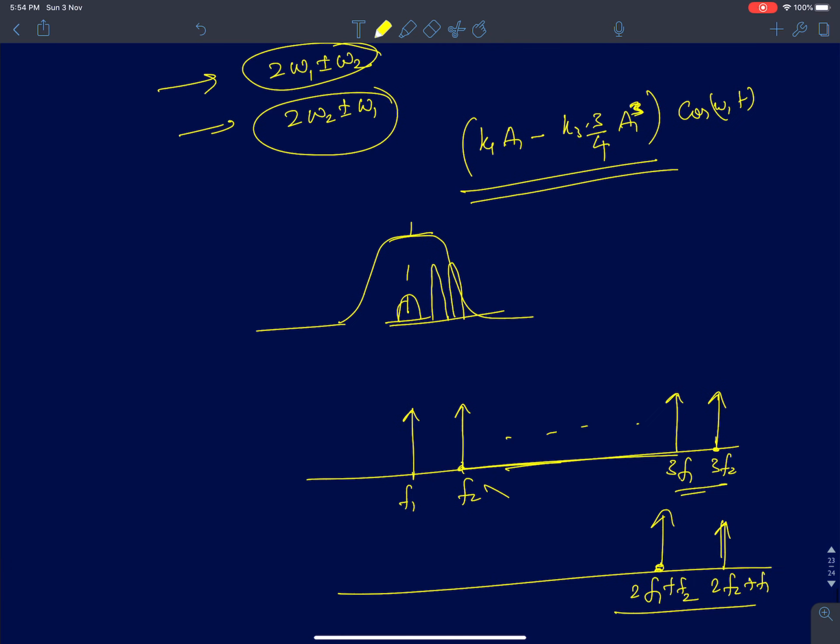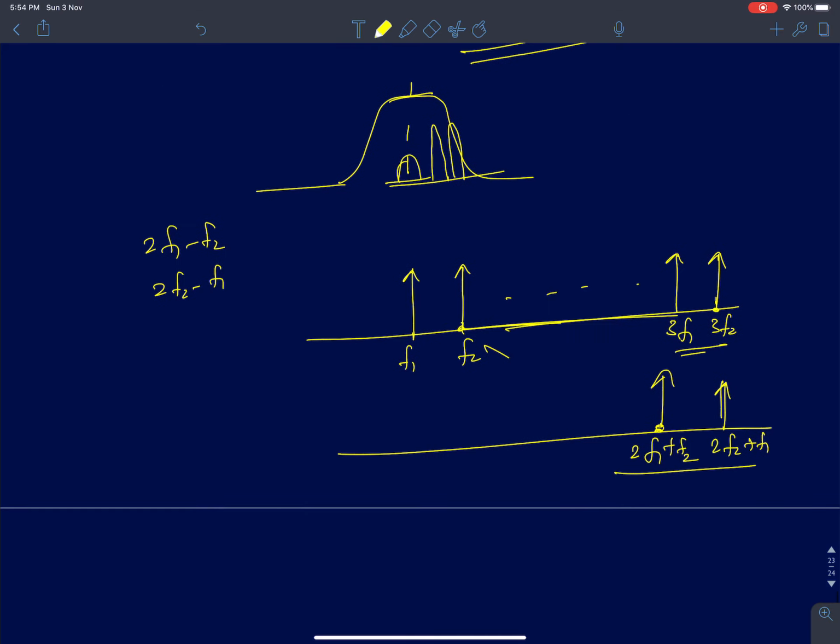Now let's look at the terms 2F1 minus F2 and 2F2 minus F1. For the first term, I can write this as F1 minus of F2 minus F1. I'm going to call this term F2 minus F1 as delta F, which is the difference between these two frequencies.